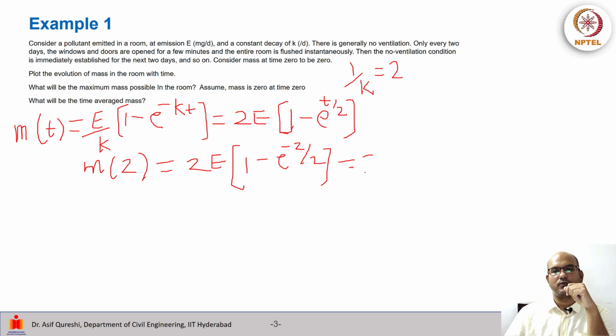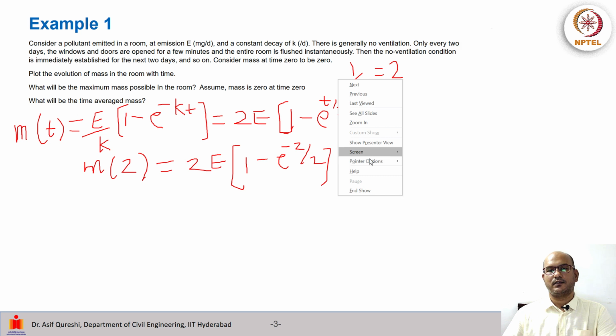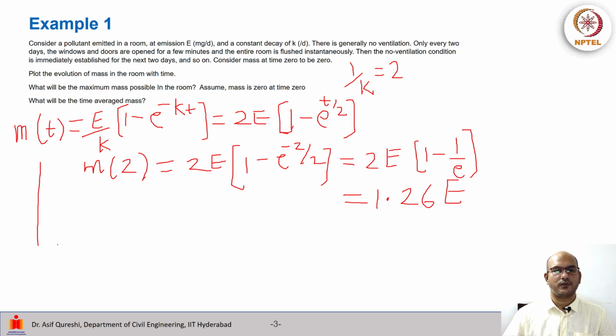So this is 2E times 1 minus 1 by e, which is approximately 1.26 E. So since the flushing happens and the concentration becomes 0, the profile will look as follows.